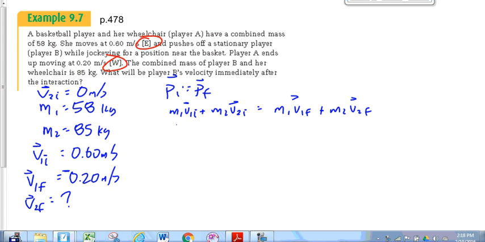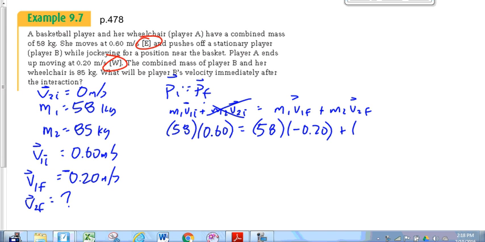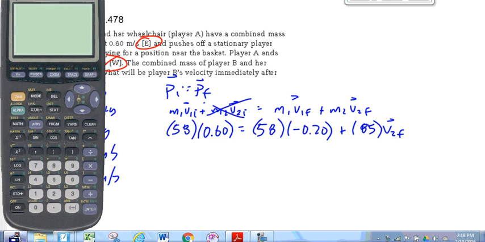M1 is 58, V1I is 0.6. V2I is 0, so I'm just going to cross that off. M1 is 58 again. V1F is negative 0.20. M2 is 85. V2F is what we're looking for. 58 times 0.6.